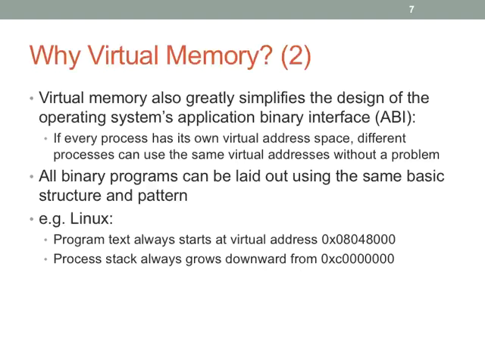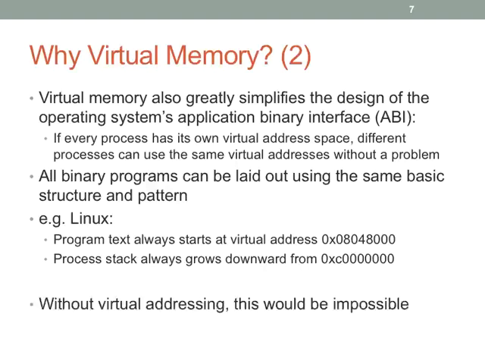I just got the new third edition of the CS24 Computer Systems book, and it shows the 64-bit layout, which is pretty straightforward as well. It actually starts a lot lower, and you get a gigantic address space for the user process, and the stack always starts right below kernel space and grows downward. So this is an example of how all processes basically follow the same pattern. Those are two reasons: isolation and a simple ABI.